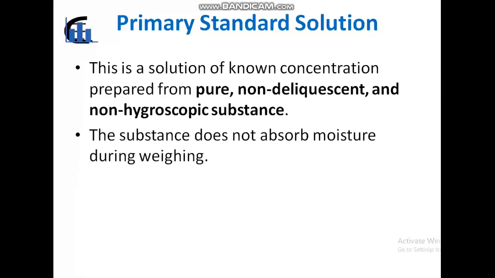The substance does not absorb moisture during weighing. When you want to weigh it, you have to expose the substance. So the substance that you need for this standard solution should not absorb moisture when you expose it to atmosphere. Example, solution of sodium trioxocarbonate(IV).